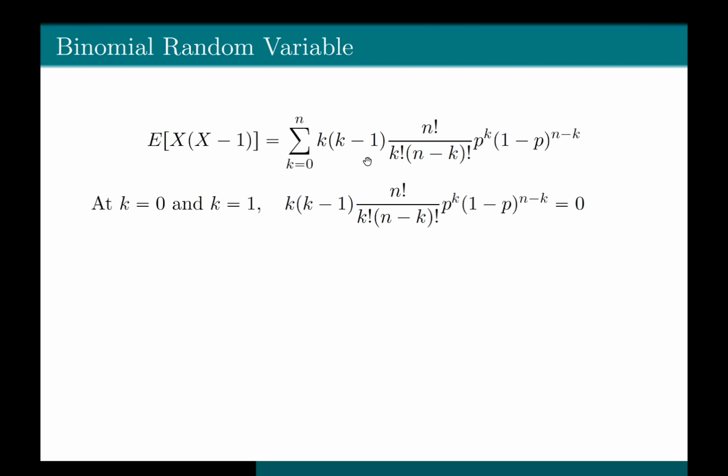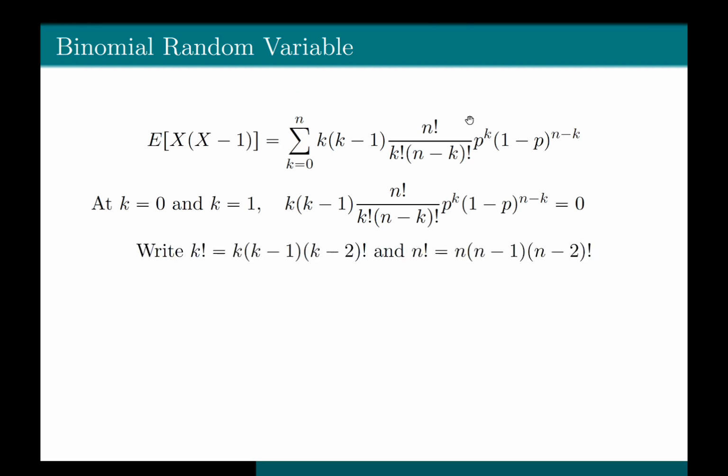And if you carefully notice, this expression has value 0 when you take k equals 0 because you have a factor of k over here. When you take k equals 1, this expression will again be equal to 0 because you have a factor of k minus 1. Therefore, this expression is the same as summation k going from 2 to n of that expression.